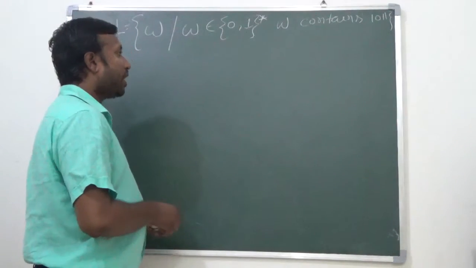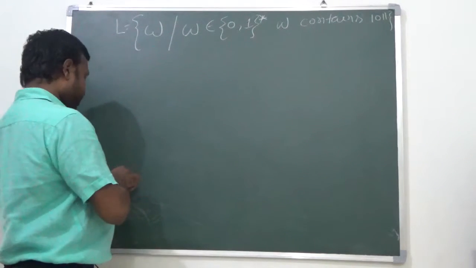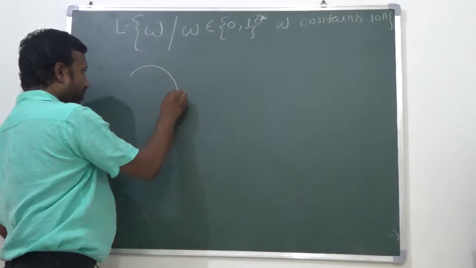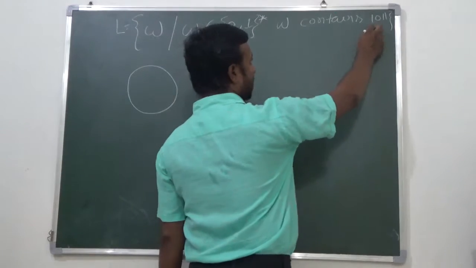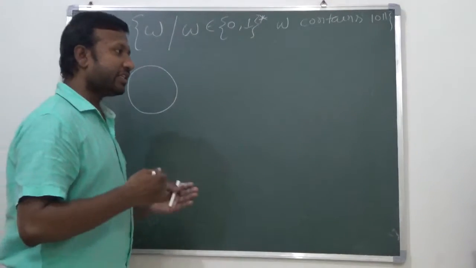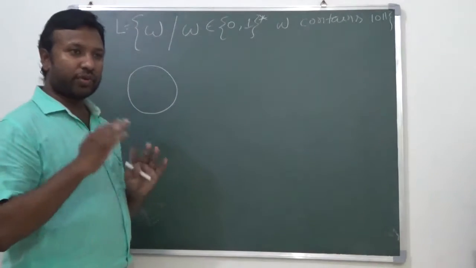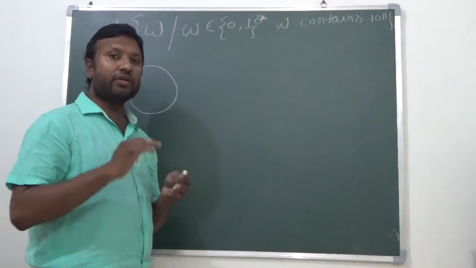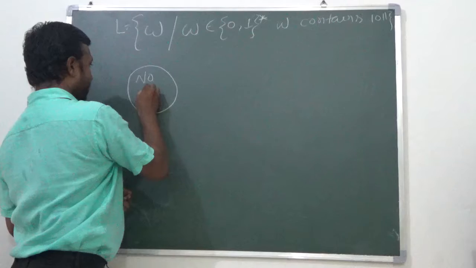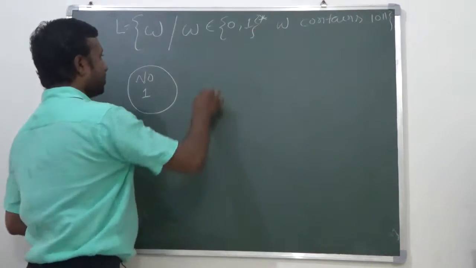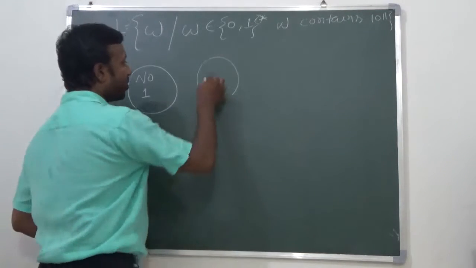So let's see how it will be designed. First of all, as usual, since we are interested in 1, if we are getting 1, then it is a chance to build up 1, 0, 1, 1. But if we are not getting any 1, then there is no chance of building 1, 0, 1, 1. So there is no 1, right? Then the state here represents 1.